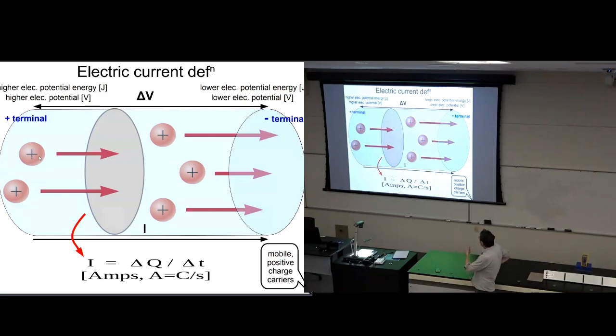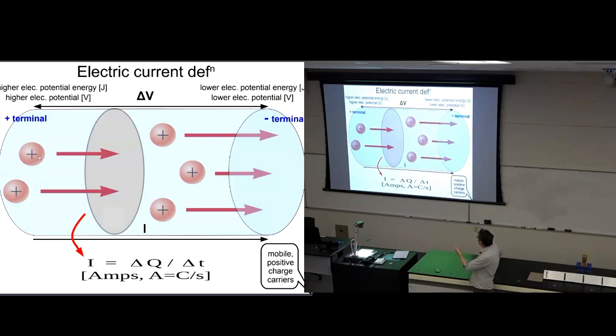Between the left and right ends of the conductor is applied a voltage difference, say from a battery. And I'm assuming in this sketch that over here is the more positive electrical potential, over here is the more negative electrical potential, and delta V is the potential difference between the two ends.